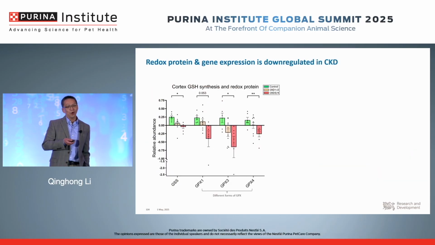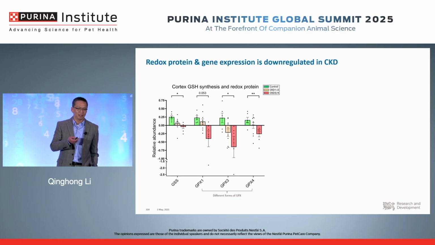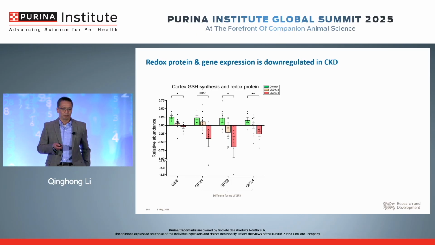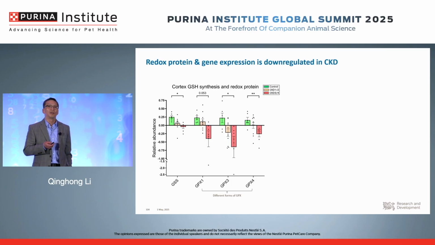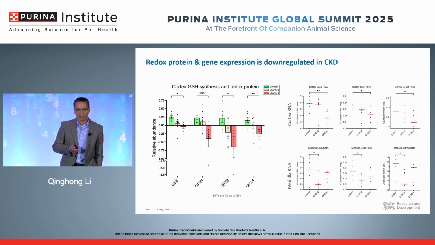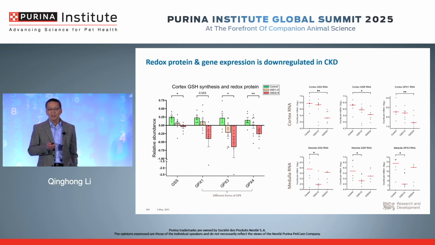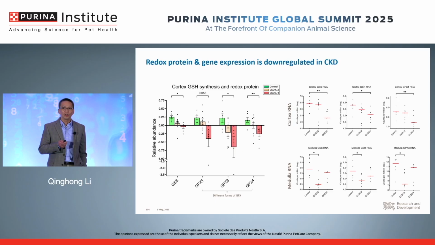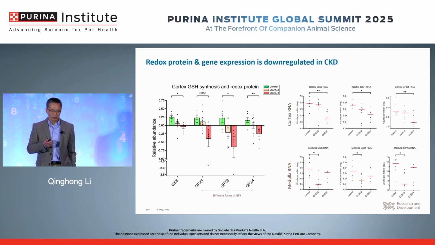So in the cortex protein expression, we found that the expression of these enzymes is decreased. Glutathione synthetase and 3 different isoforms of glutathione peroxidase are also downregulated. And in gene expression, all 3 enzymes are also downregulated in the cortex and also in the medulla.